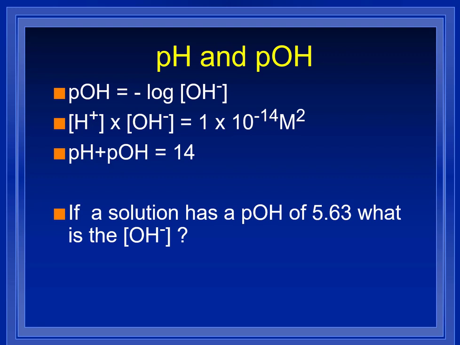And so if a solution has a pH of 5.63, what is the OH minus concentration?